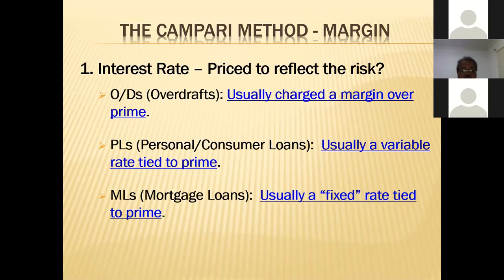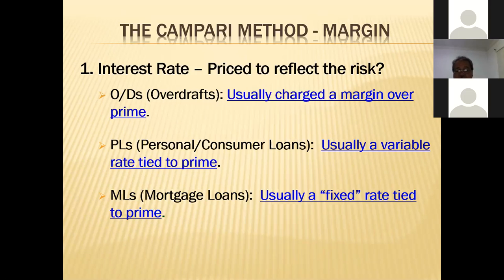Okay. Now with mortgage loans, some people call them RLs or real estate loans, it's usually a fixed rate tied to prime, and I use the word fixed kind of loosely, in inverted commas, because again, it may fluctuate based on what happens with the prime rate.